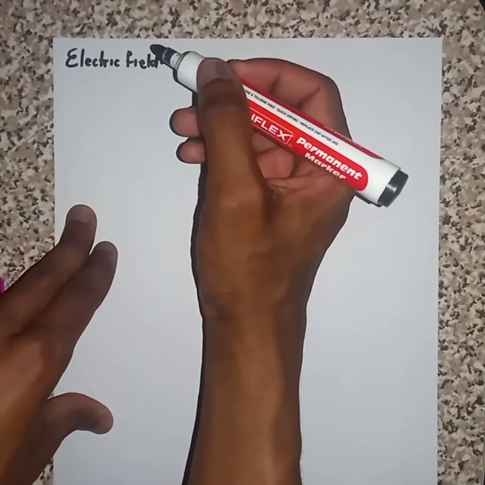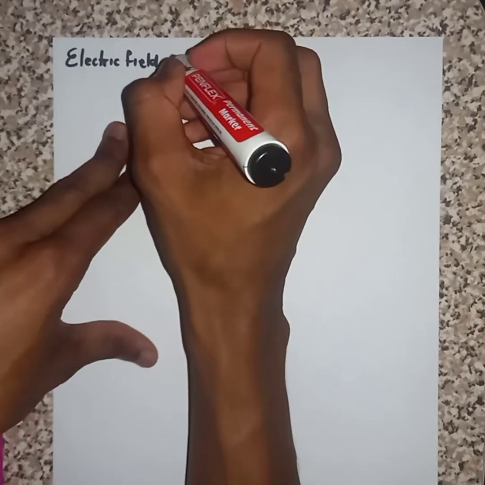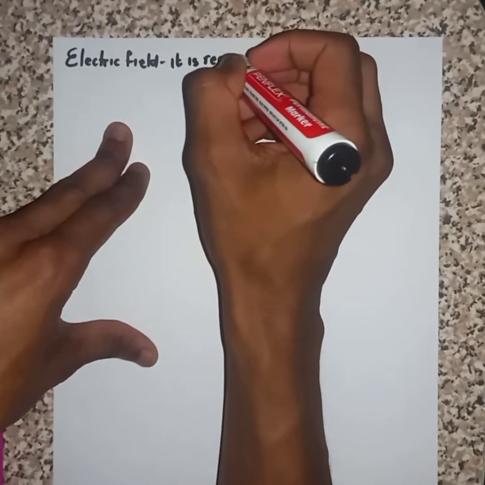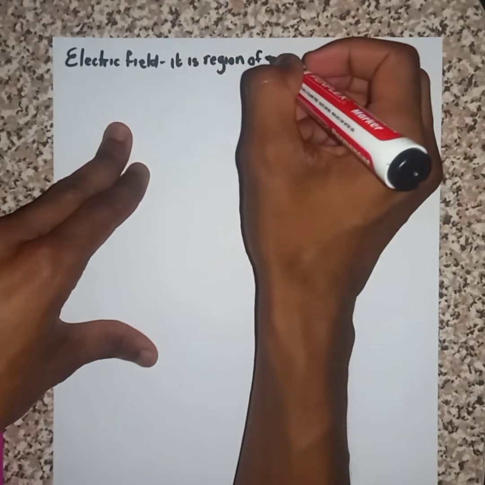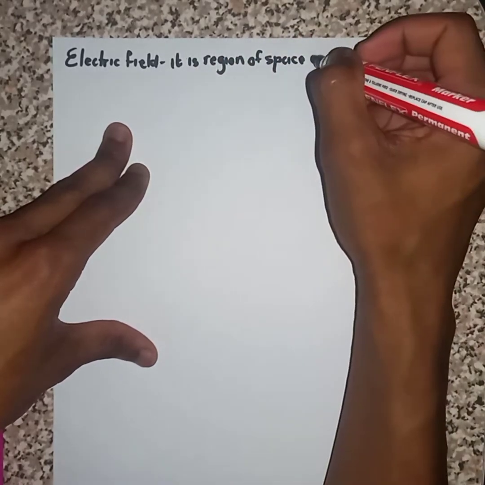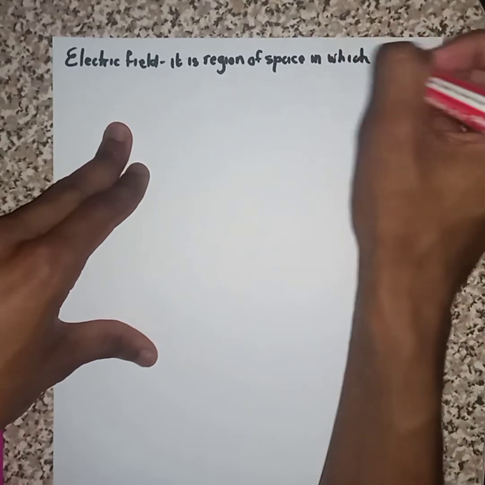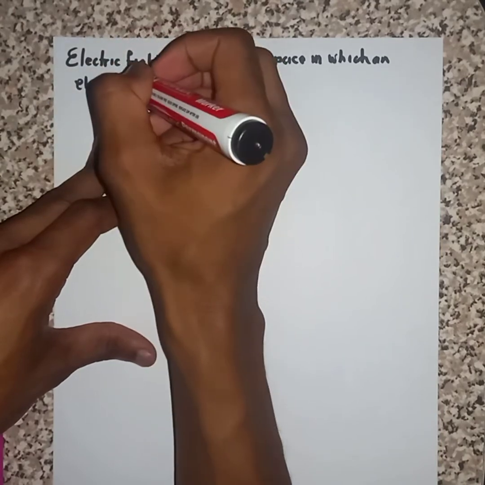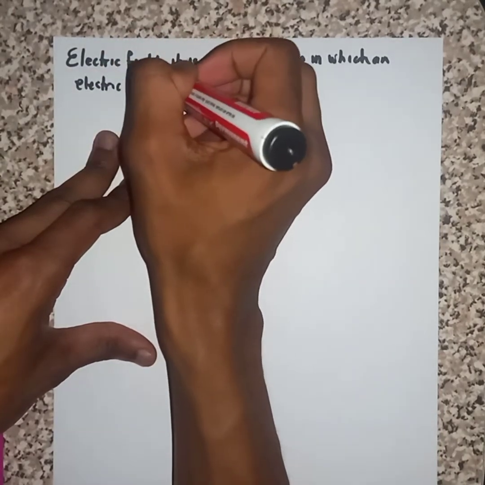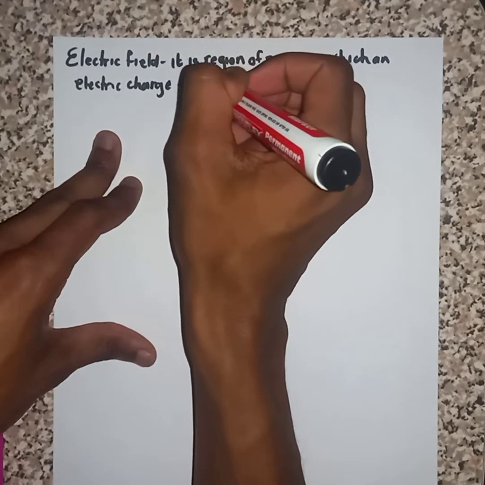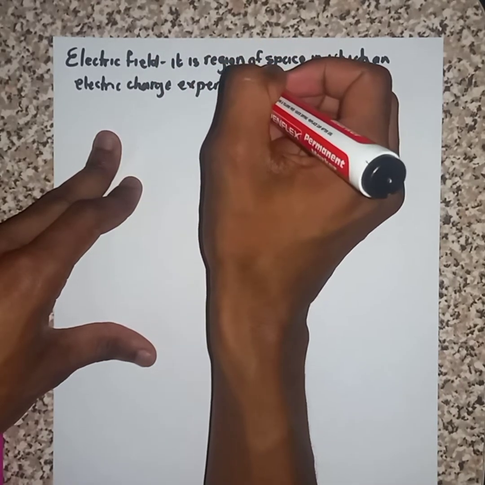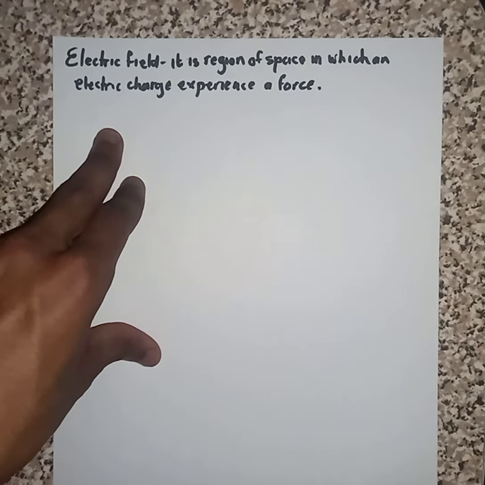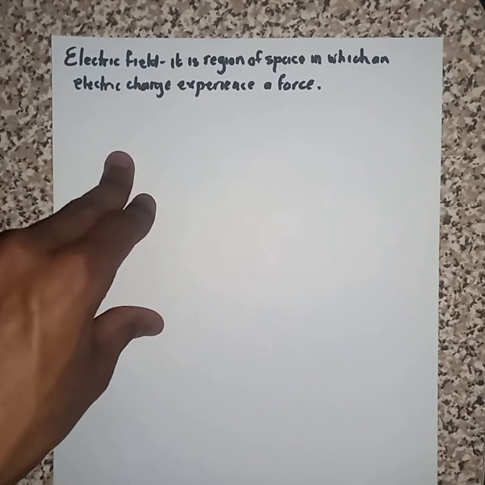By definition, the electric field is the region of space in which an electric charge experiences a force. This is a simple definition of electric field.